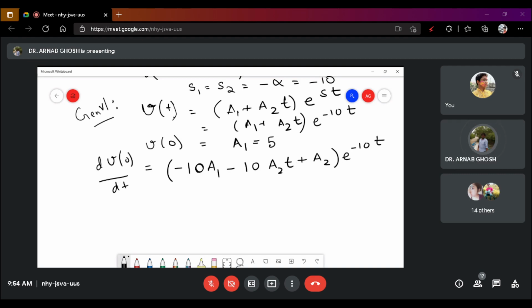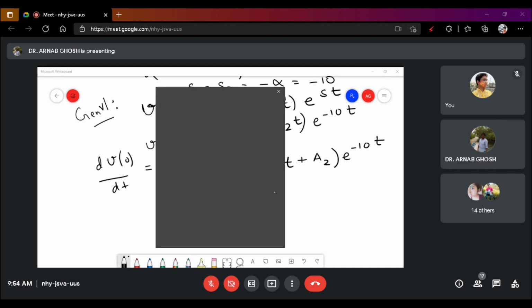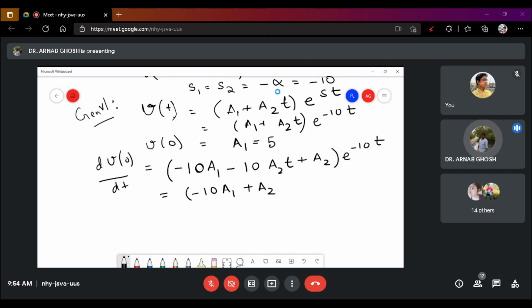So put t equals 0, this will be equal to minus 10 A1 plus A2, and this will be equal to what you have already got.